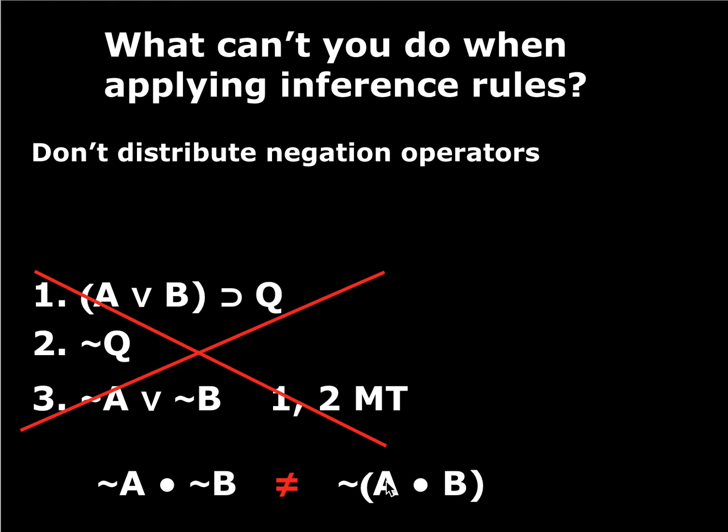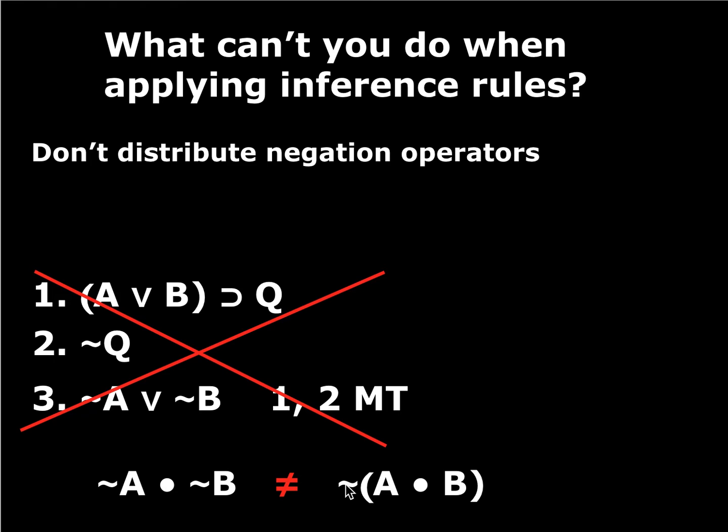Now you can distribute tildes, as we'll see in chapter 4. There's a rule called De Morgan's that will let you distribute tildes, but what you'll find out is that if you distribute a tilde into a conjunction, you have to turn it into a disjunction. God, I keep saying the wrong thing. Here's what I wanted to say.